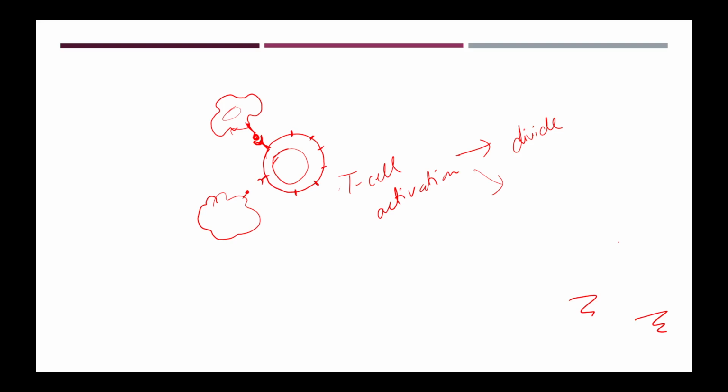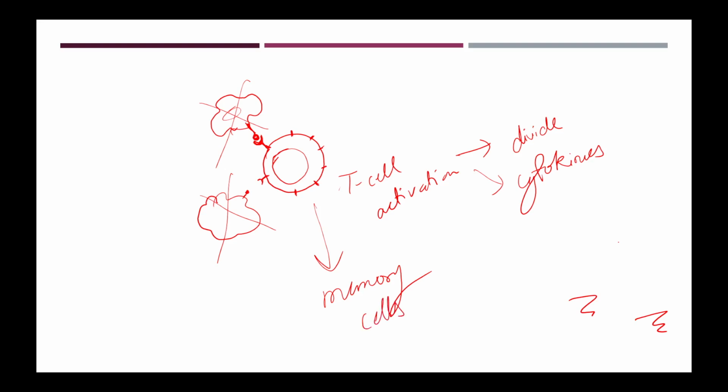After activation, the T cell divides and releases the cytokines, the chemicals which will kill these infectious cells. It also remains in our circulation as memory cells, so that when further infection happens, these cells will behave as memory cells and fight against those viruses or infectious cells.